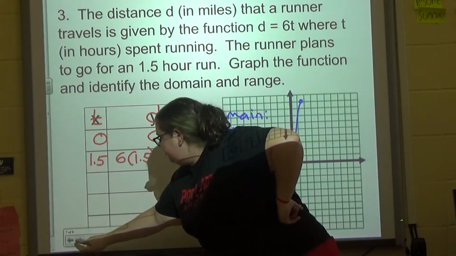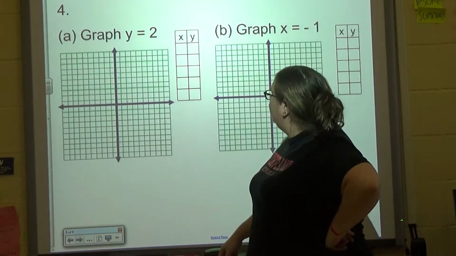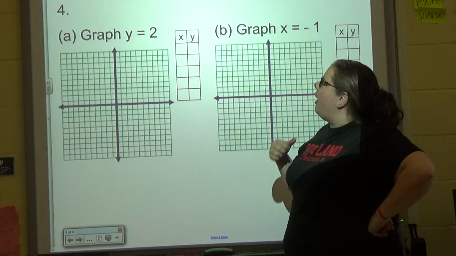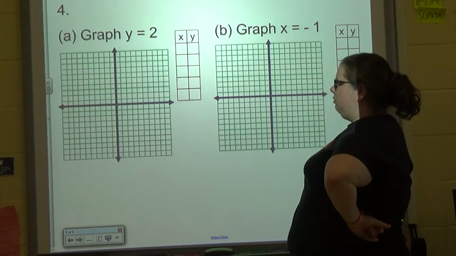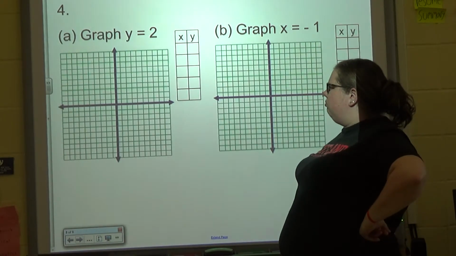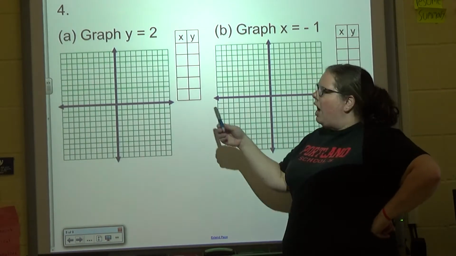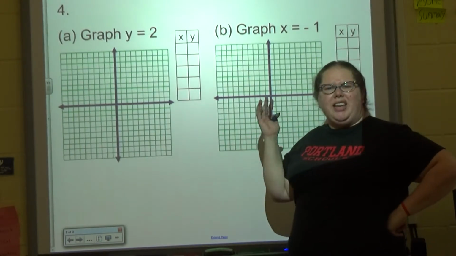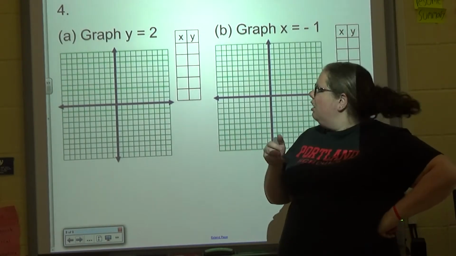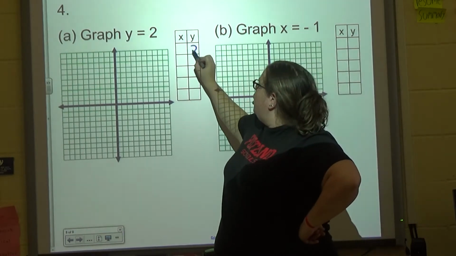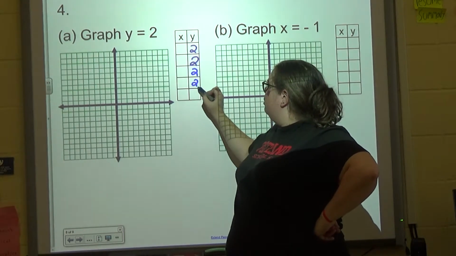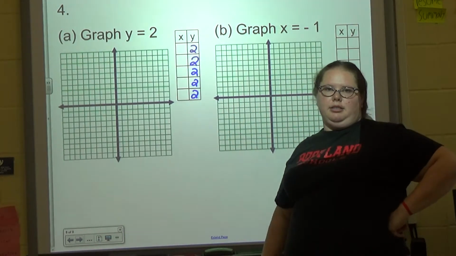Alright, we got one more. Oh, no we don't, just kidding. Alright, graph y equals 2. The y value is 2. Can the y value be anything else but 2? No. So I know my y value is 2, but what's x?